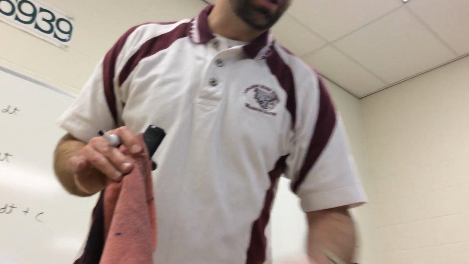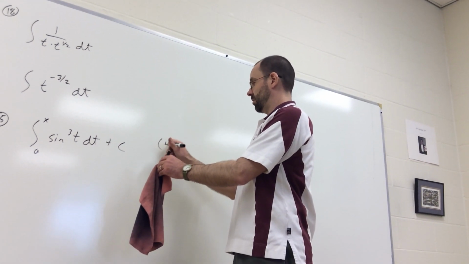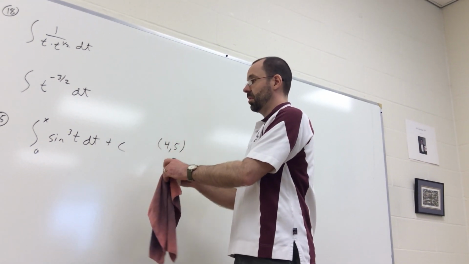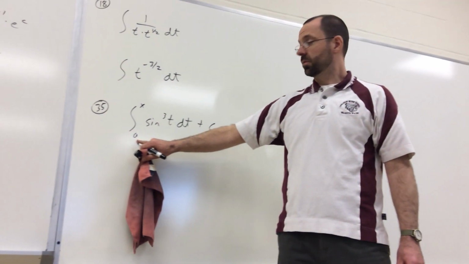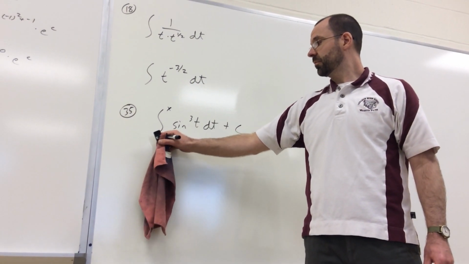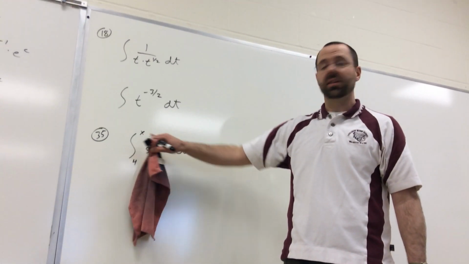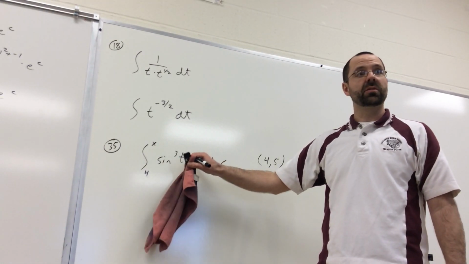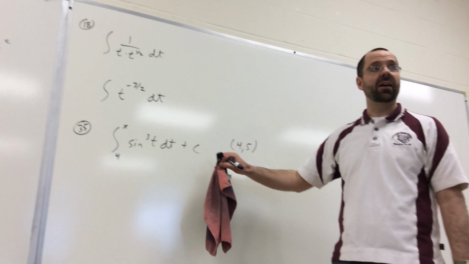Okay, but then y is 5 when x is 4. So we want to pick this to be 4 so that when we plug a 4 into there, this will come out to 0. And then we need the whole thing to come out to 5.